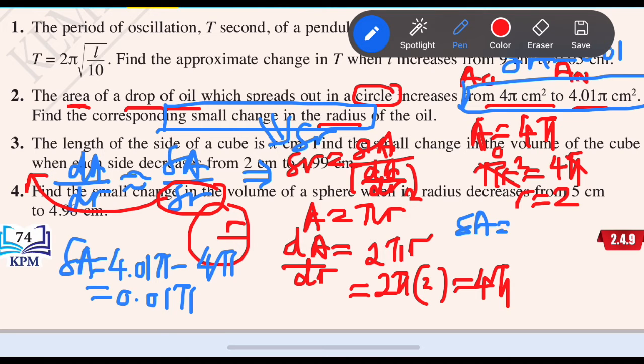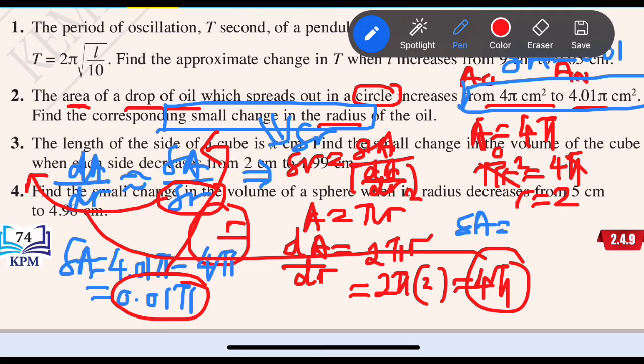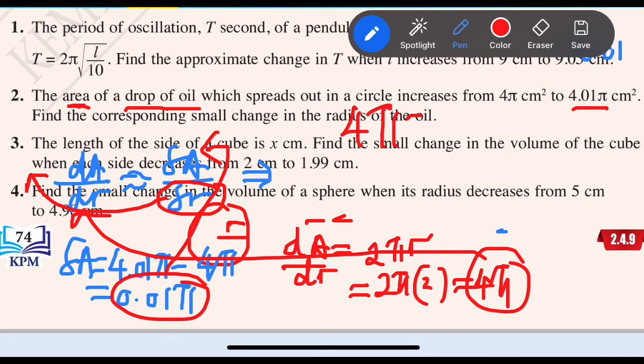Alright, so then we will just take the delta A, which is actually 0.01 pi, and then divide by the 4 pi.